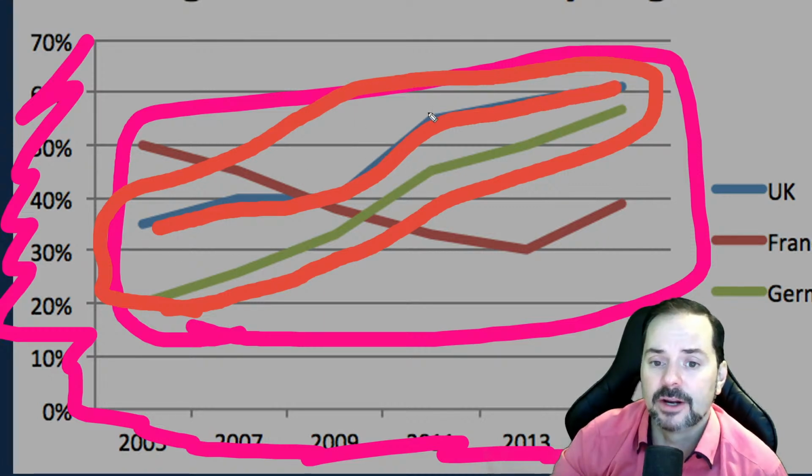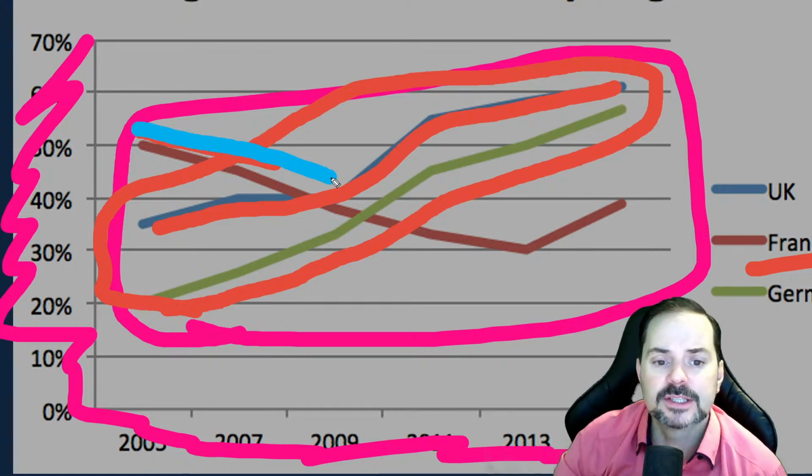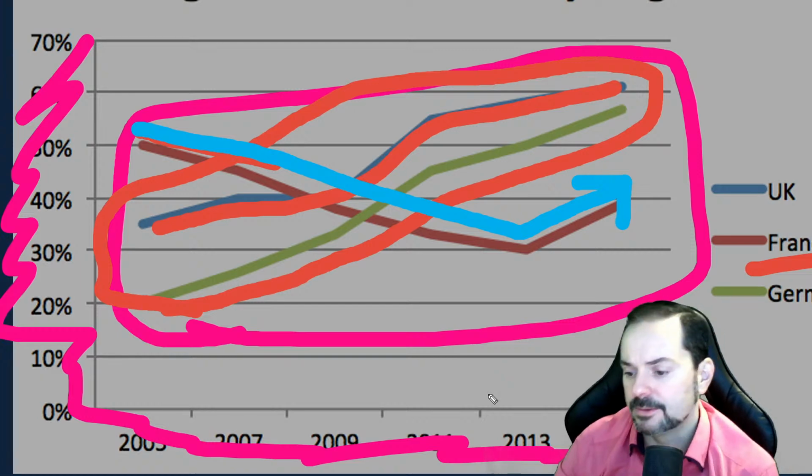It doesn't start there, but it's the highest. France, on the other hand, is interesting because France has the highest recycling rates early on, but is consistently, well, let me try that with a different color so it's more evident. It's consistently decreasing, and then finally in 2013, the trend changes to this upward swing.